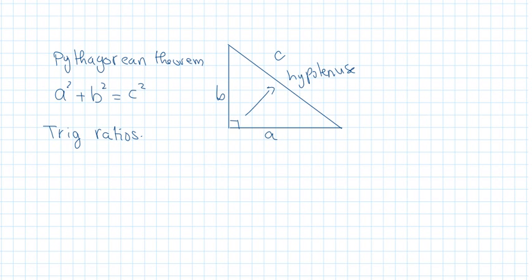Okay? So let's say if I know B and C, I can find A. What do I do? So A squared equals what? If I bring this over, what does it become? C squared minus B squared. If I know A and C and I'm looking for B, what do I do?